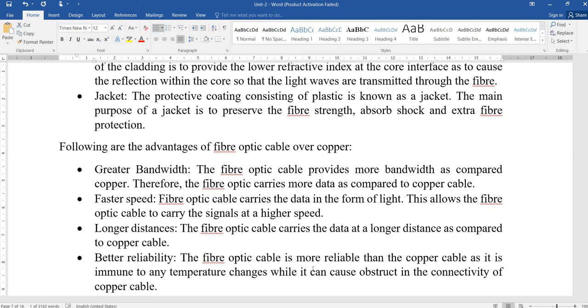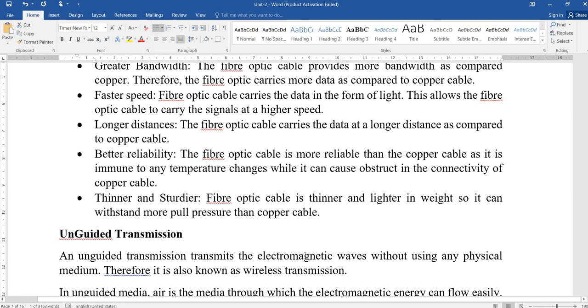And better reliability. Fiber optic cable is more reliable than copper cables as it is immune to temperature changes, which can cause obstructions and conductivity problems in cables. It's also not susceptible to EMI, electromagnetic interference. And it is thinner and sturdier.